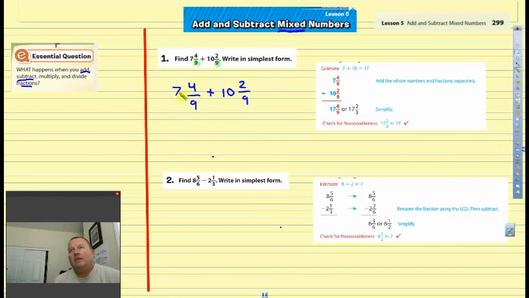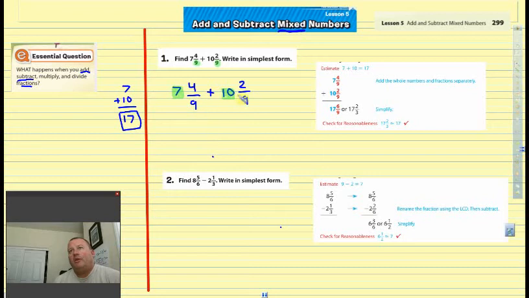We're adding. So because we're adding, I can take my 7 and my 10 and place them over on the side, and when I add them up, I get 17. I'm going to hold on. That's my whole number right now.